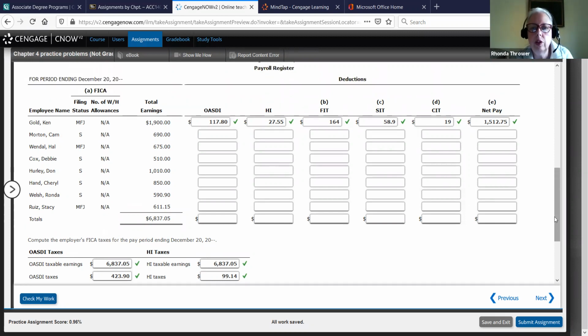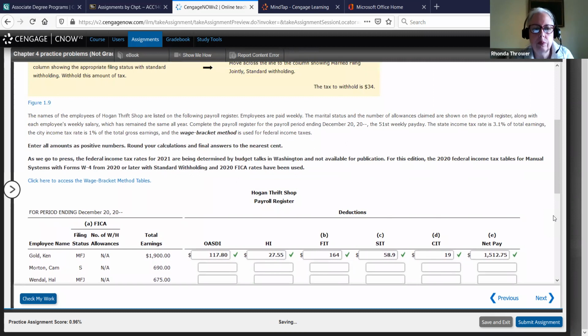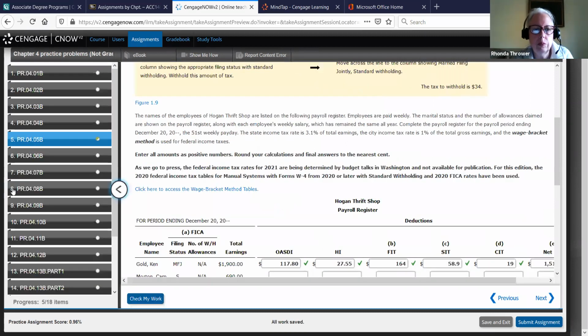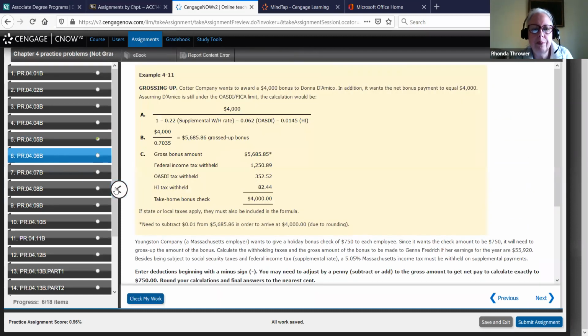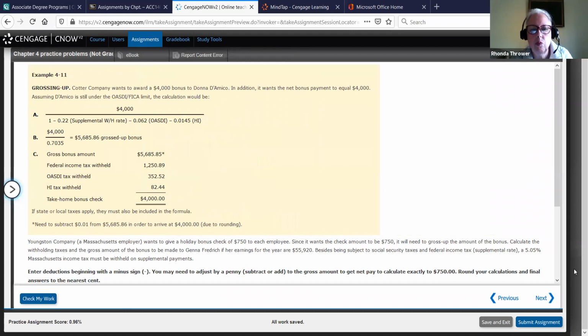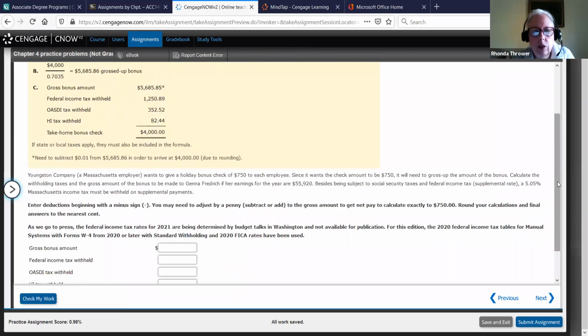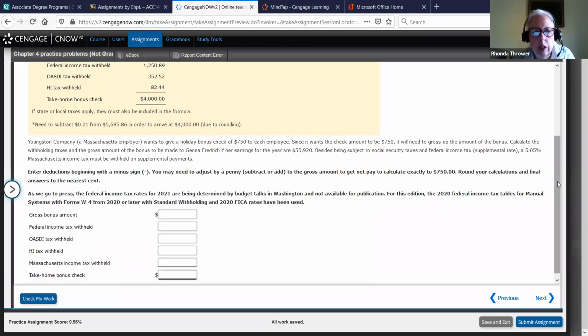So I'm going to move to the next problem, which will be 4.06b. And on this problem, it says Youngstown Company, a Massachusetts employer, wants to give a holiday bonus check of $750 to each employee.